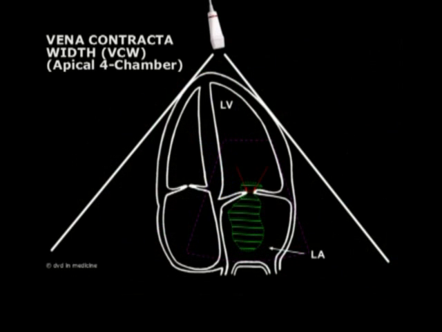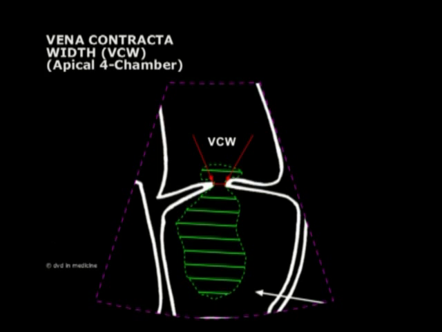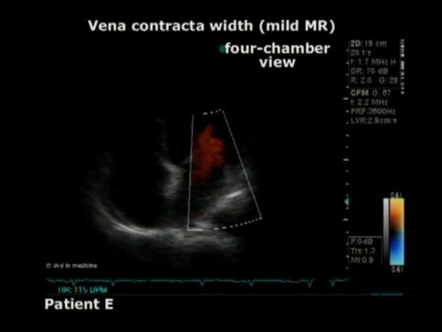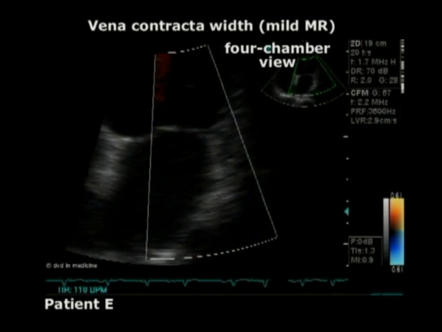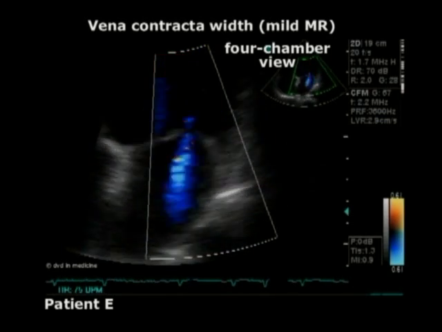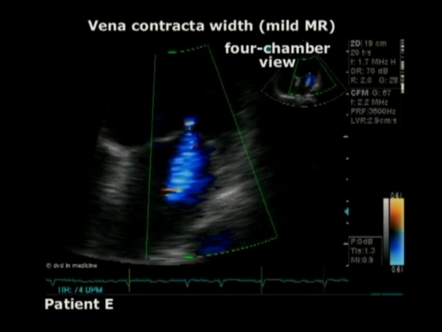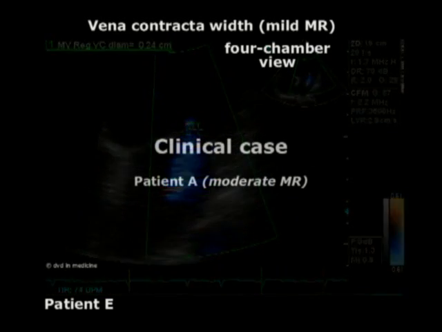The measuring of vena contracta width in 4-chamber view. Vena contracta width is 0.24 centimeters.